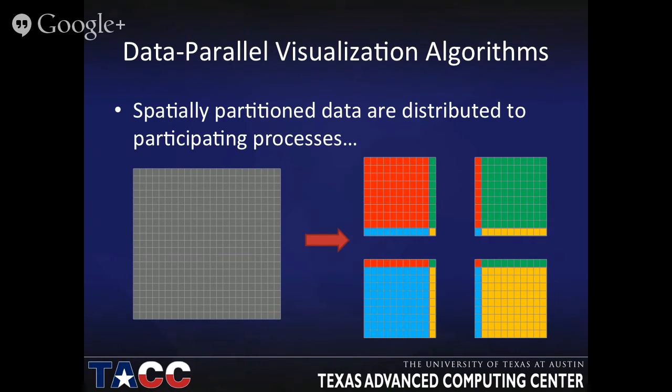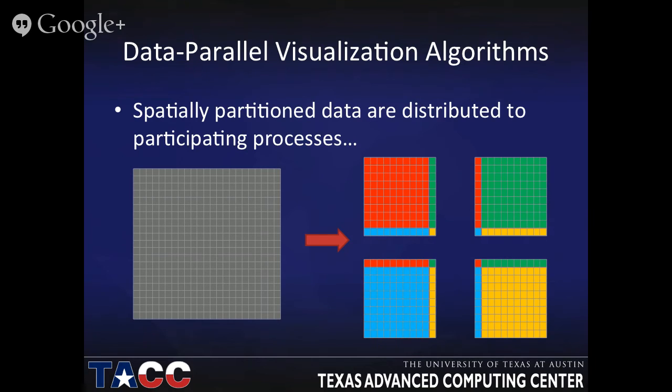You basically take the domain that you want to compute on, you divide it up into subdomains, assign one of those subdomains to each process, and have those subdomains computed in parallel. Then periodically, you reconcile what happens at the boundaries between the partitions, and you get the right answer for the overall data space.